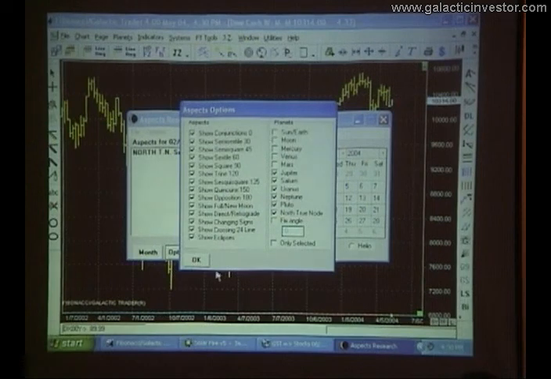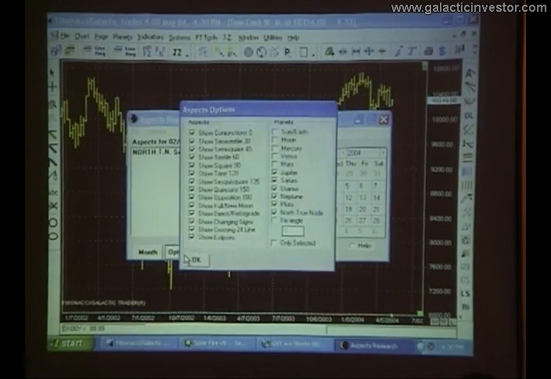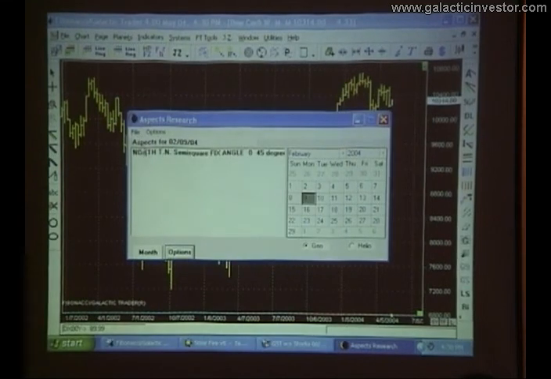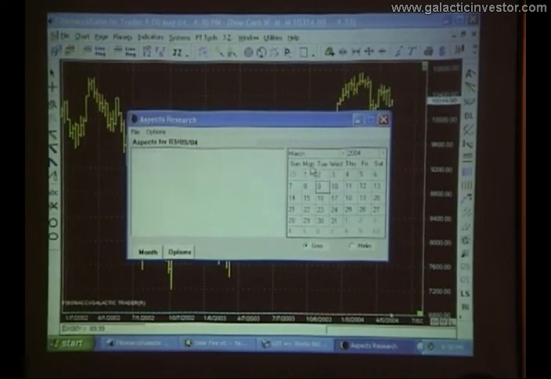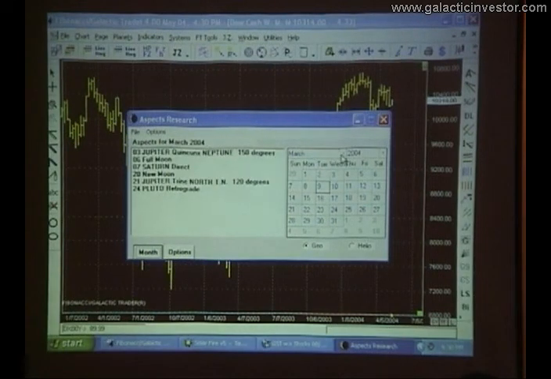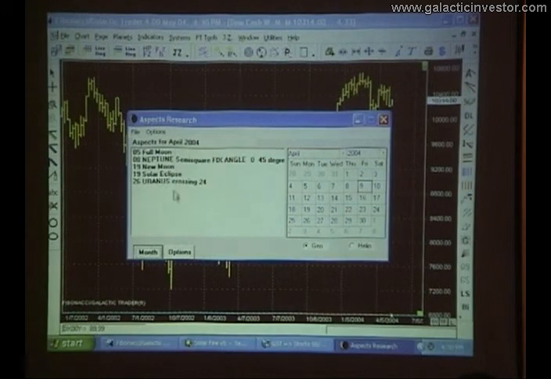So uncheck the inner planets, and this gives you information each month. Here's February, here's March, here's April, and you just click on month and it will tell you all the important things going on. Here's Uranus crossing the 24, right?